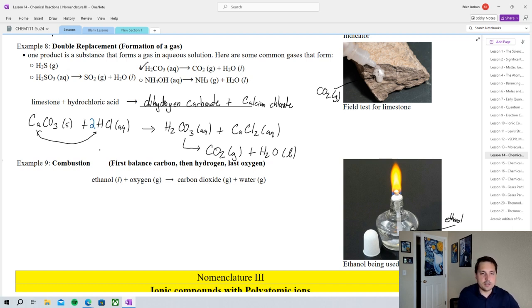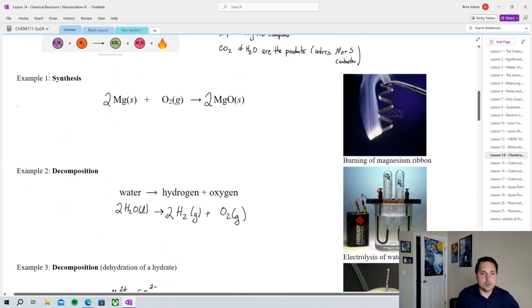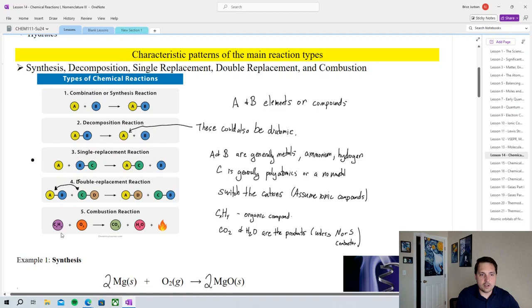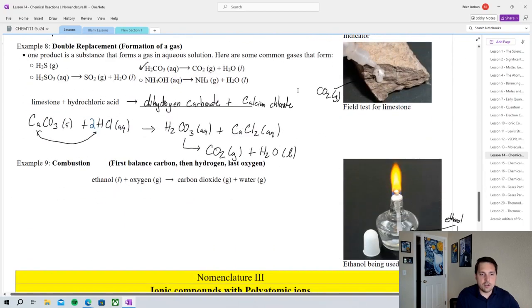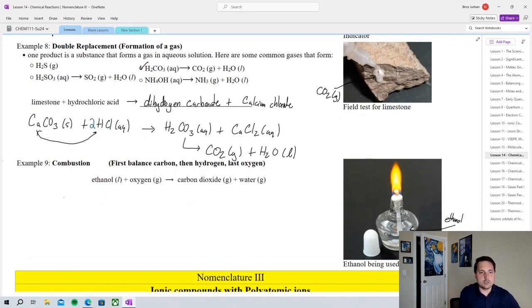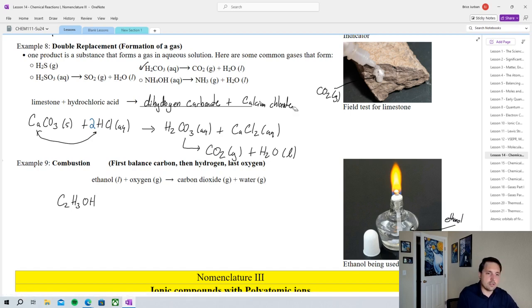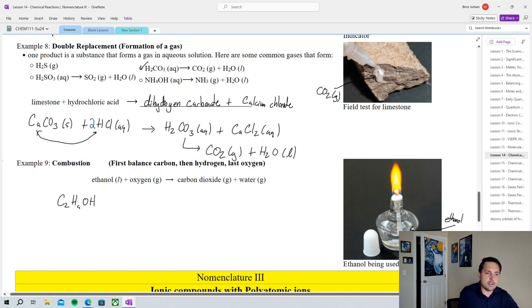And ethanol is an organic-based compound, so it's going to have something of the formula carbon and hydrogen, but ethanol also has oxygen in it too. So the formula of ethanol is C2H5OH.